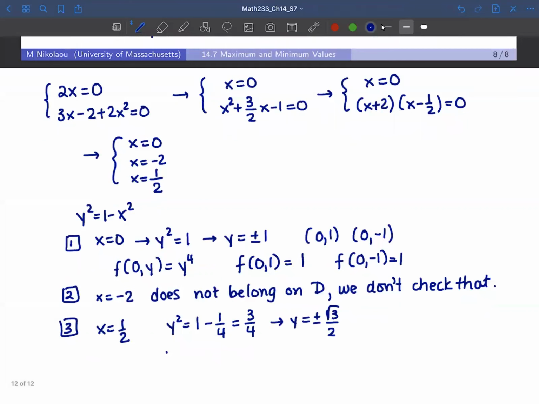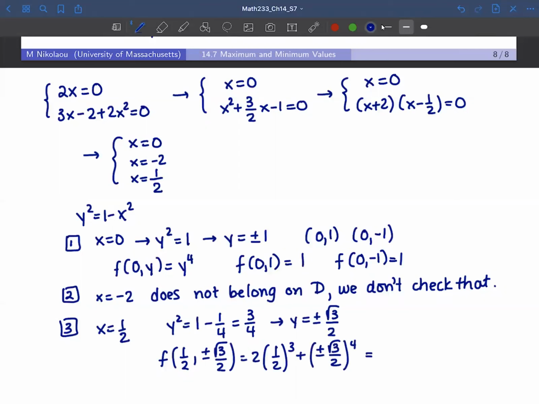And the value of the function is the same for x equals 1/2 and y equal to plus or minus square root of 3 over 2. And this is equal to 2 times 1/2 to the third, and then plus or minus square root of 3 over 2 to the fourth.